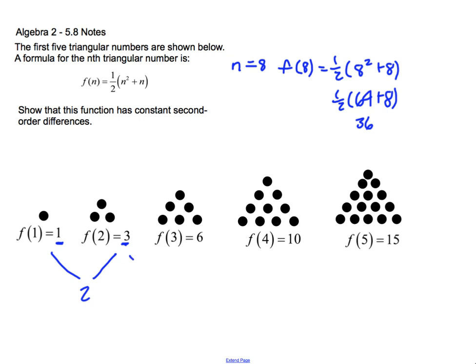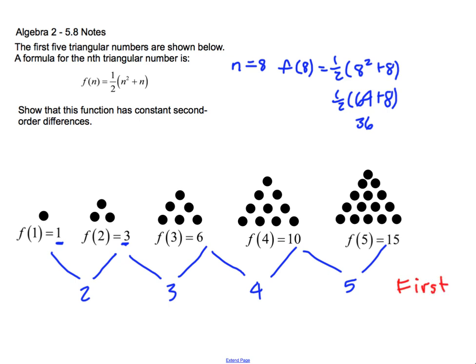The difference from 3 to 6 is 3. The difference from 6 to 10 is 4. And the difference from 10 to 15 is 5. That's the first order of differences right here. It's the first grouping. Okay?